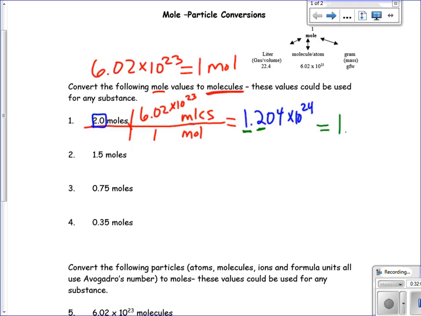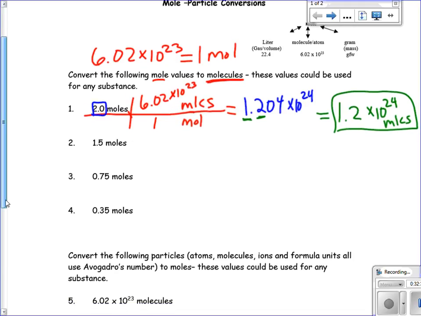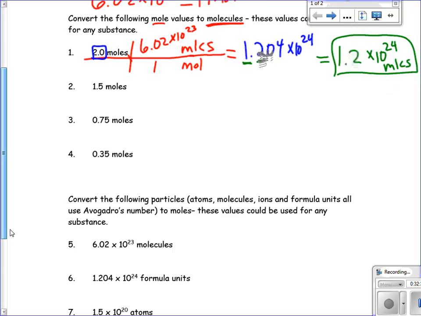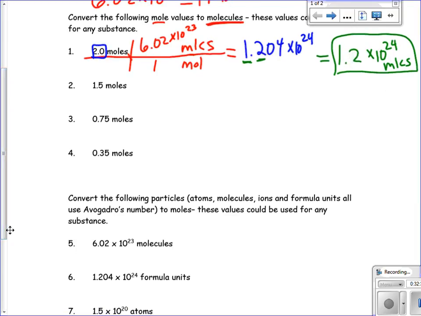So this is 1.2 times 10 to the 24th molecules. And since they didn't tell me the substance, I can just write molecules there. Okay? So that is going from moles to particles. Down below, going to work another problem, but this time we're going to start off with the particles, and work it to moles.